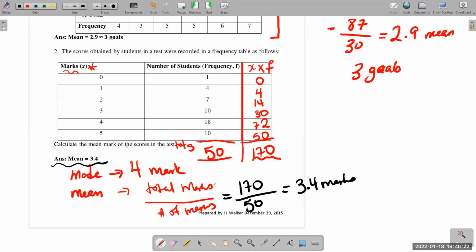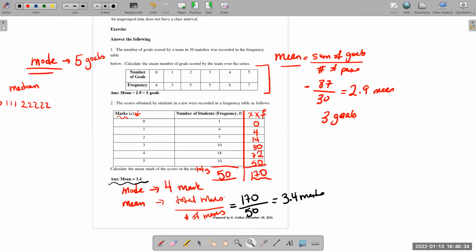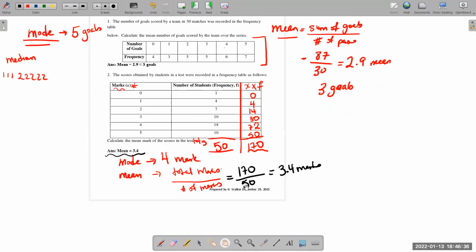So guess what? I want to take this opportunity to use this example to do the median. Because I think this one, because it's an even number, it's easier to use as the example to find the median. Everybody see what I mean? And then when we do this one, we can do the one before.